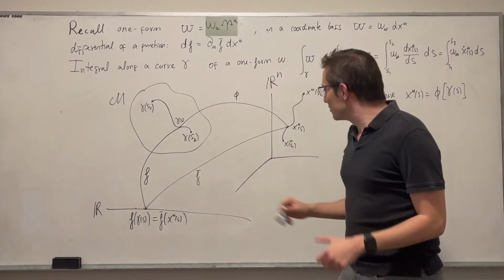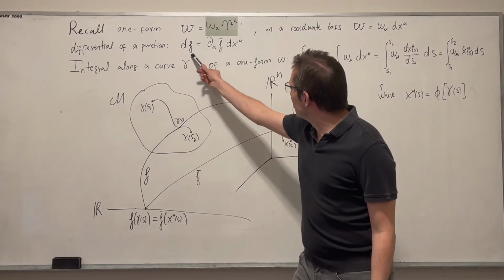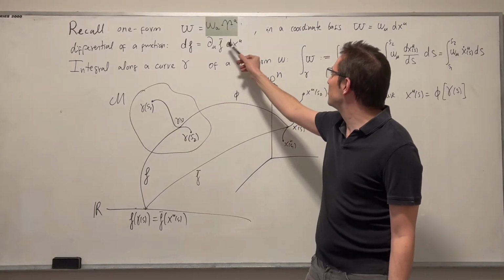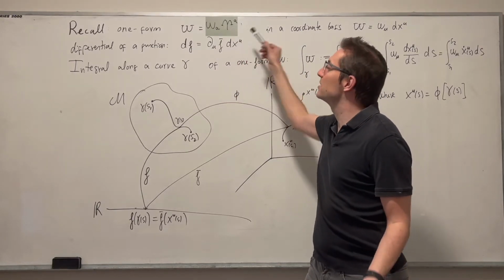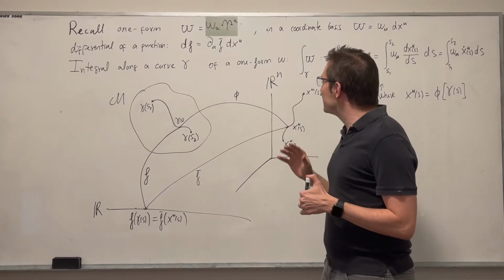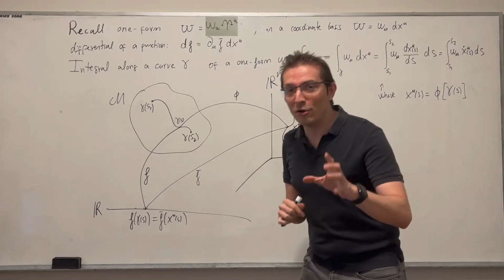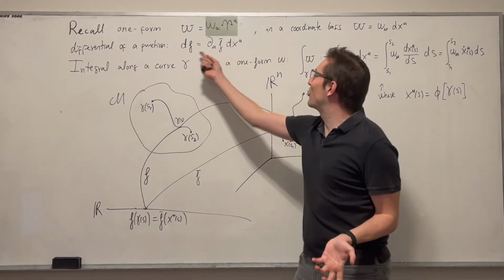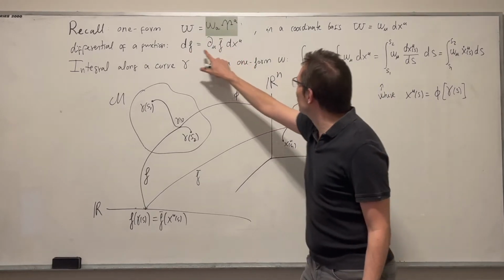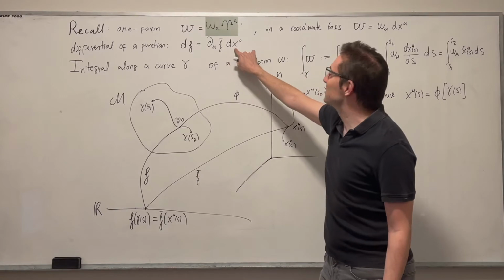So the partial derivatives of f bar are what you have used all your life in calculus. We see that the differential of a function is the partial derivatives times dx^mu, the differentials of the coordinates, and this is exactly the expression that you saw in calculus for the differential of a function. But you also understand this as a covector: a sum of components times elements of the basis.